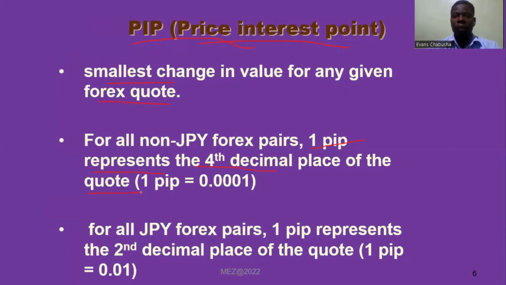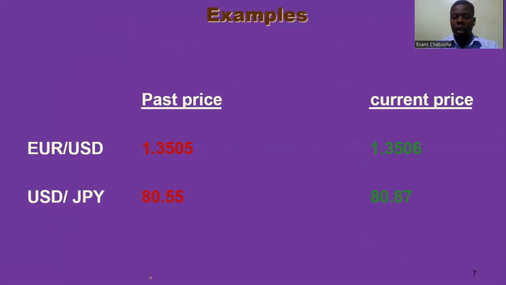So you look at the 4th decimal place and see how it has moved. From there, you determine your pips. For all JPY pairs, 1 pip represents the 2nd decimal place of that quote, meaning 1 pip equals 0.01, as we have seen.